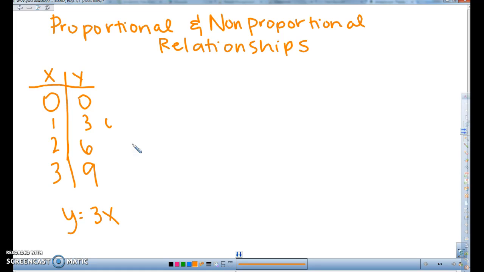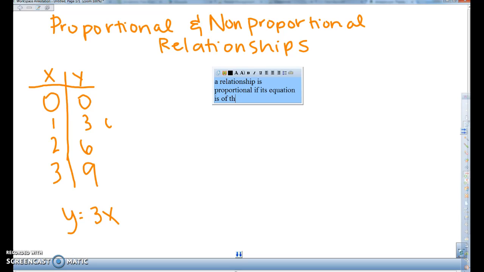This is an example of a proportional relationship. And if you bear with my typing, we know that a relationship is proportional if its equation is of the form y equals kx.